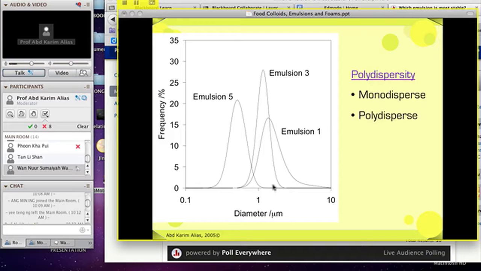So in this case emulsion 3 would give us the most stable emulsion compared to emulsion 1 especially. And between emulsion 5 and emulsion 3, emulsion 3 would have slightly higher stability compared to emulsion 5. Okay, so that's how we interpret the graph.